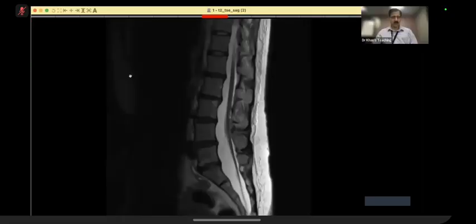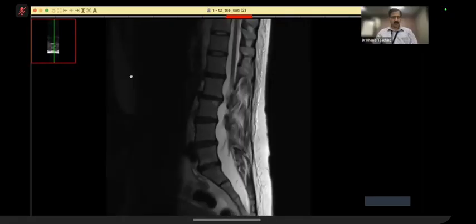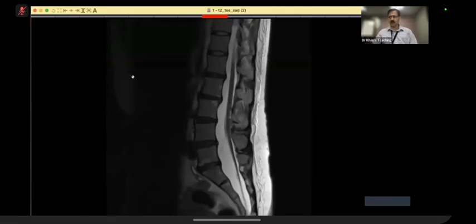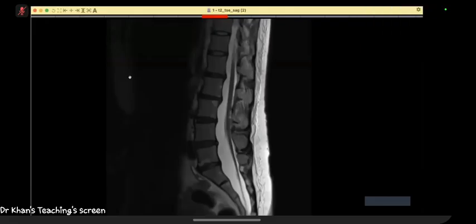Okay, now coming back to the first sequence which I showed you, you said there is cord tethering. And what does it mean? What is the location of the normal conus? Okay, L1, L2 vertebral body. L1 first, second lumbar vertebral body.